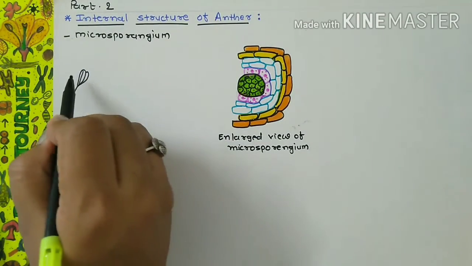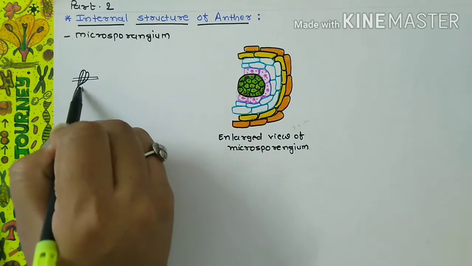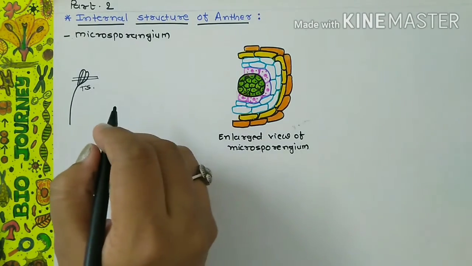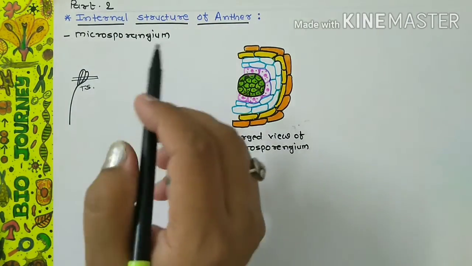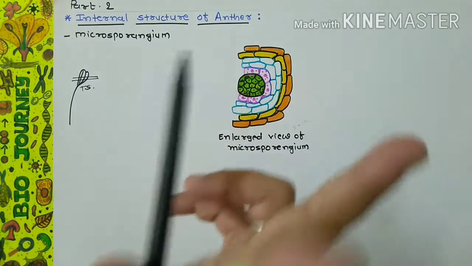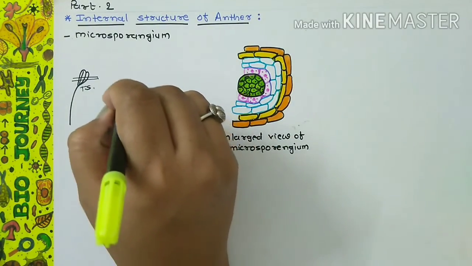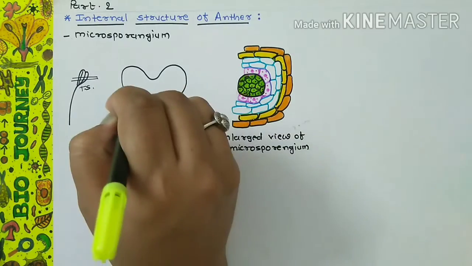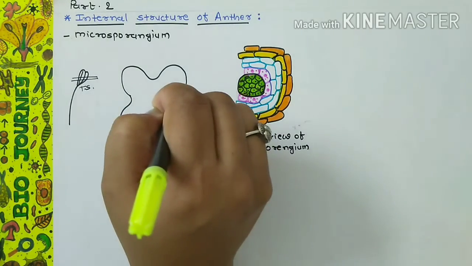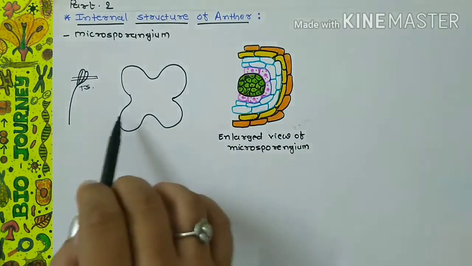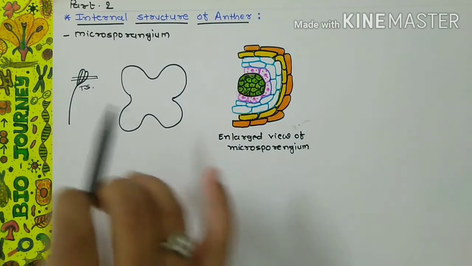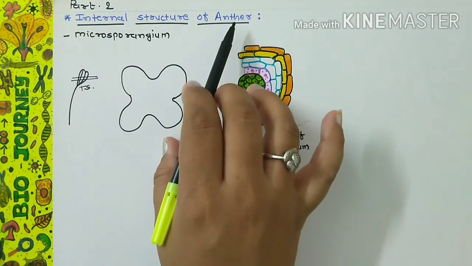If we take the TS of the anther, we can see a bilobed structure with two theca. Bilobed structure with two theca means in total you can see four different regions in the TS of the anther.